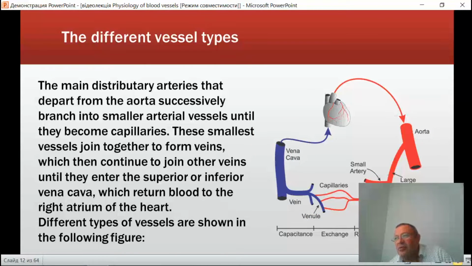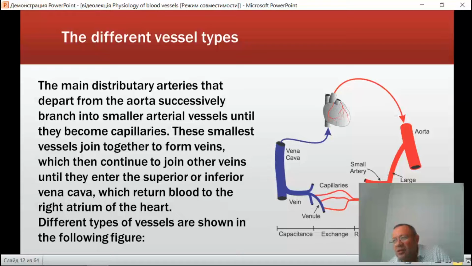Next, information about different vessel types in circulation. The main distributary arteries that depart from the aorta successively branch into smaller arterial vessels until they become capillaries.